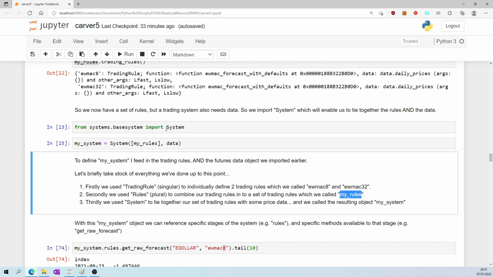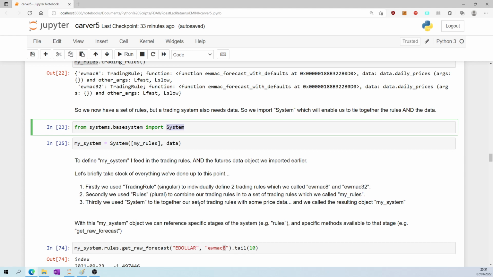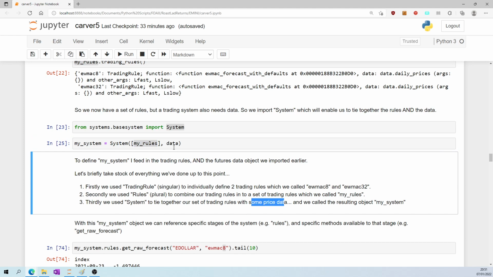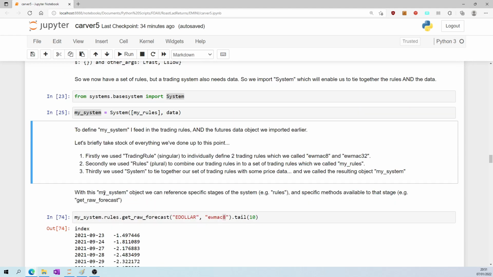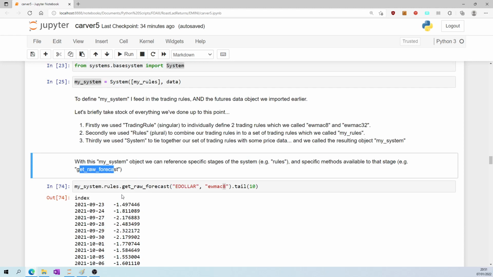Thirdly, we used System to tie together our set of trading rules, my rules, with some price data, which we called data. And we called the resulting object my system. With this my system object, we can reference specific stages of the system, for example, the rules stage, and also specific methods available to that stage, such as get raw forecast.